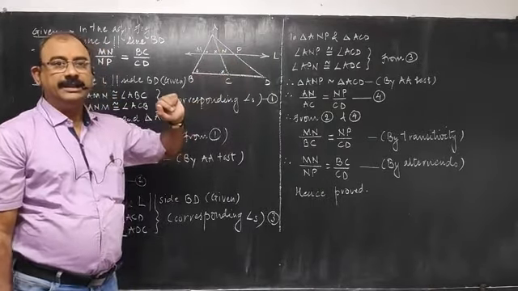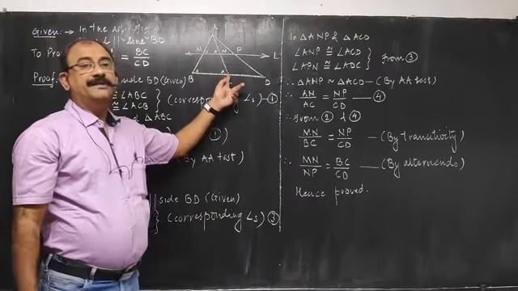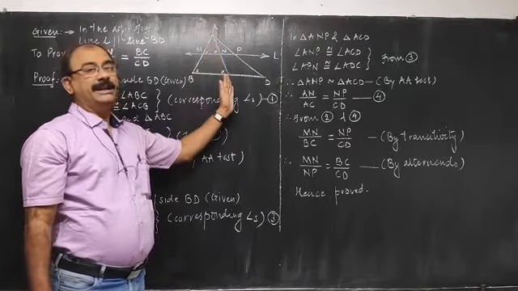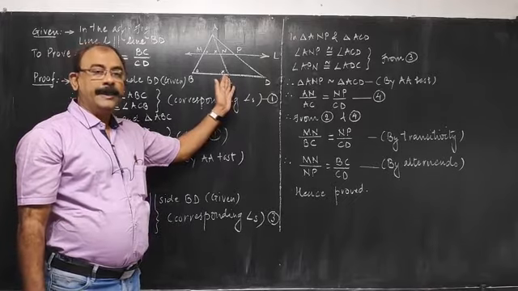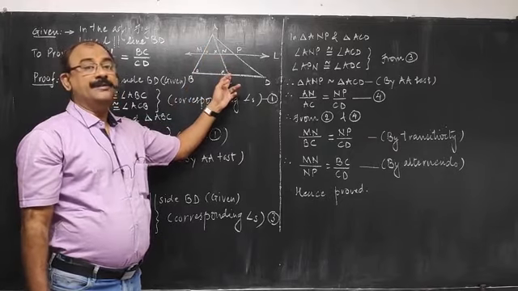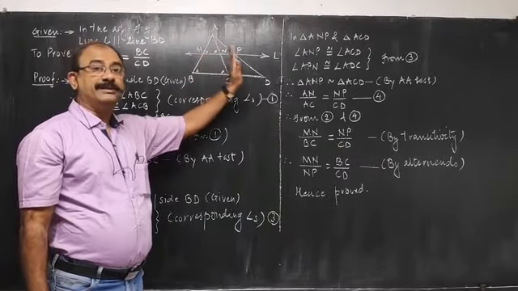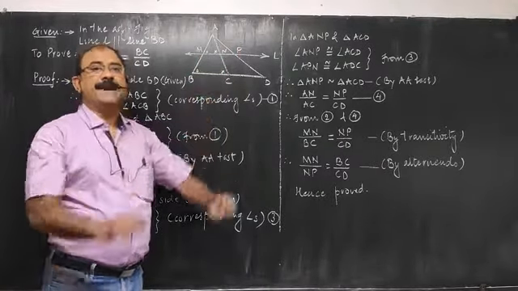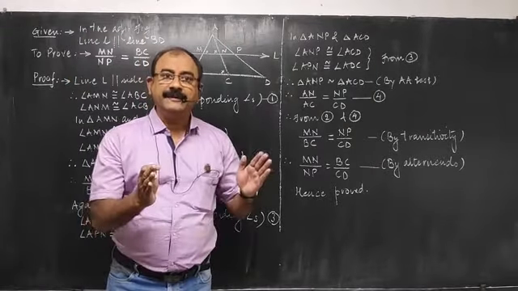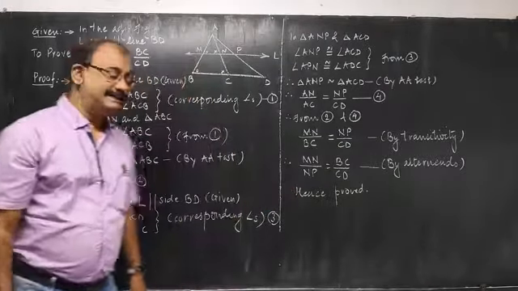And there is the middle segment AC, which you can also name ANC, which will link the triangles on the left side with the triangles on the right side. That linking factor, also called the middle term in logic, should be used to connect the left side with the right side.